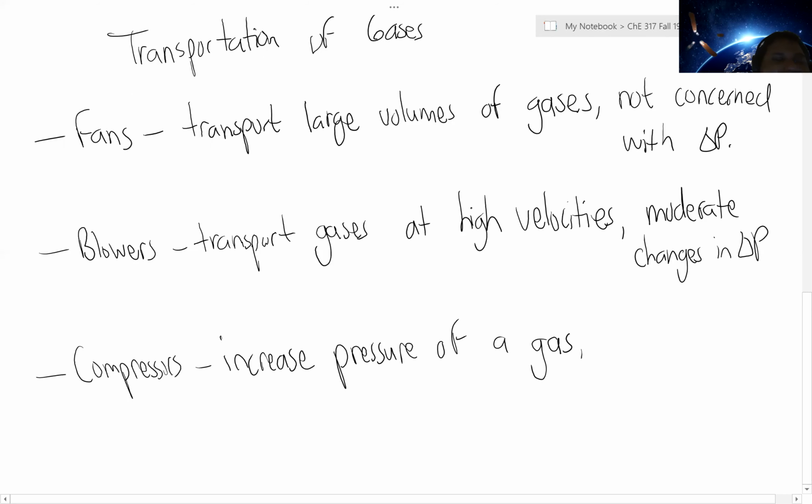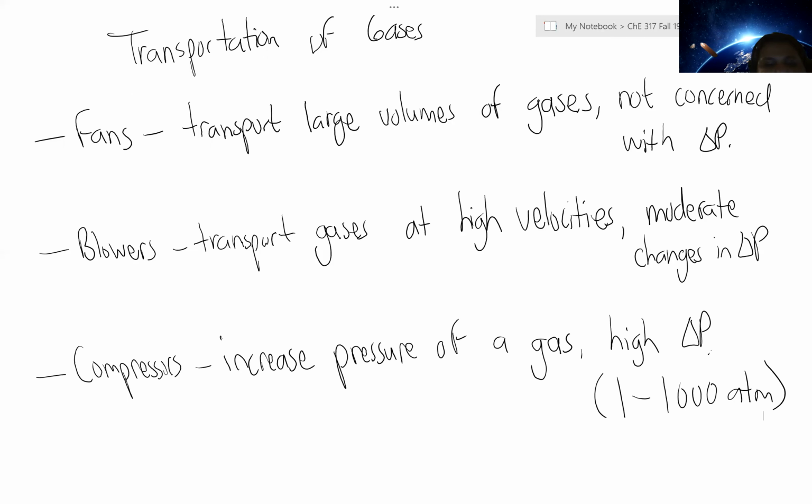And so we see a lot of variation in our pressure drop, but we can also achieve fairly high changes in pressure on the order of 1 to 1,000 atmospheres, depending on the desired change in pressure.